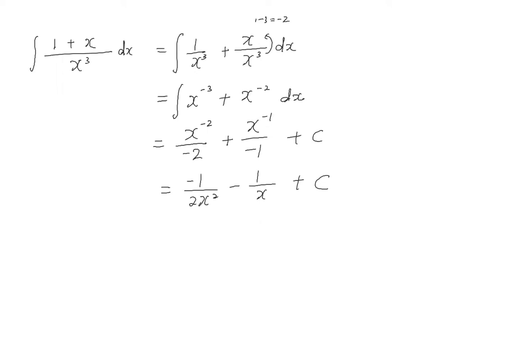Sin, cos, all is not in your syllabus. So you have to remember square root of x is x to the power half. x square root of x is x to the power of 3 over 2, and 1 over x root x is x to the power negative 3 over 2. Are you okay?